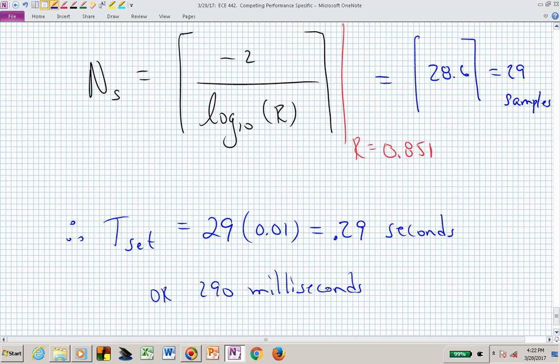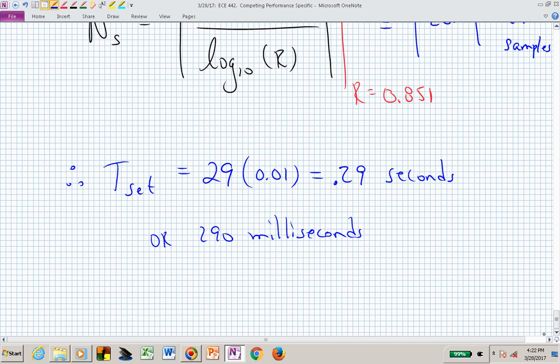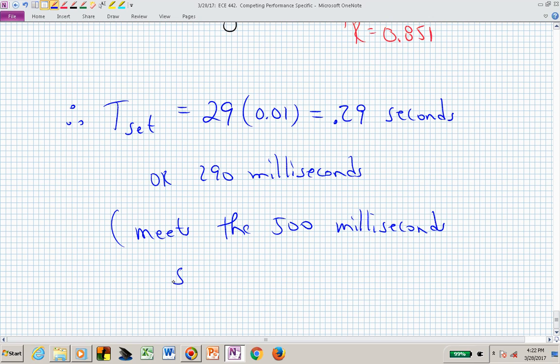And since we wanted a settling time of 500 milliseconds or less, this now meets the 500 millisecond settling time specification.